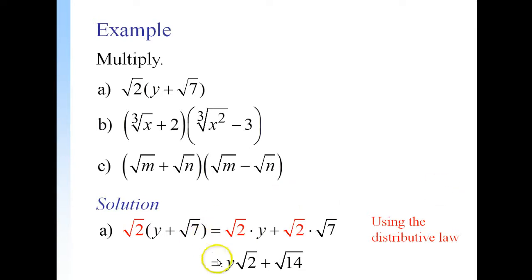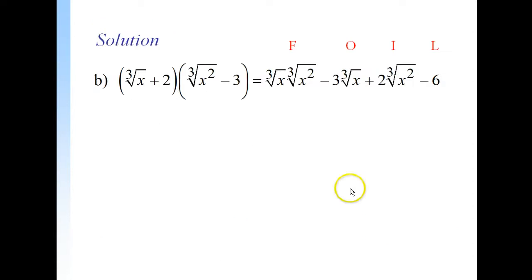Notice the protocol for writing these is you put the y in front of the radical sign. And here we're foiling, and they're just showing you the FOIL. And you get 3, the cube root of 3 cubed, or the third root of 3 cubed, which is going to be 3.